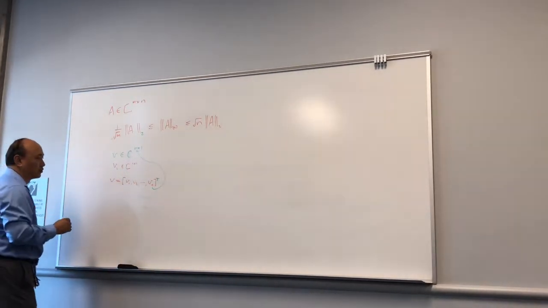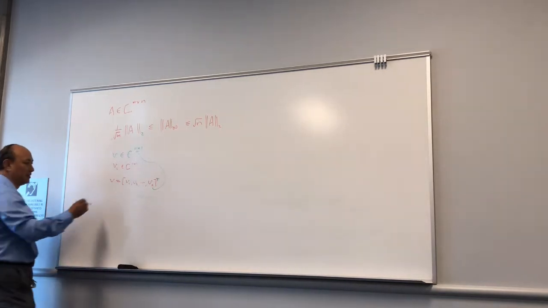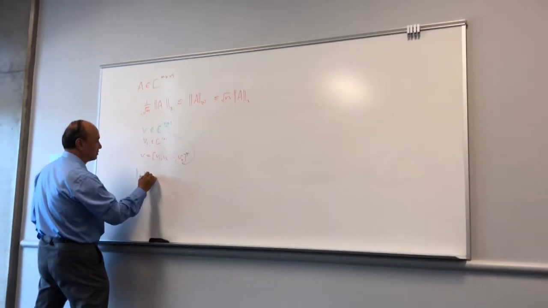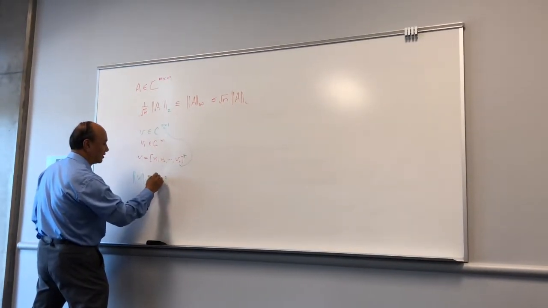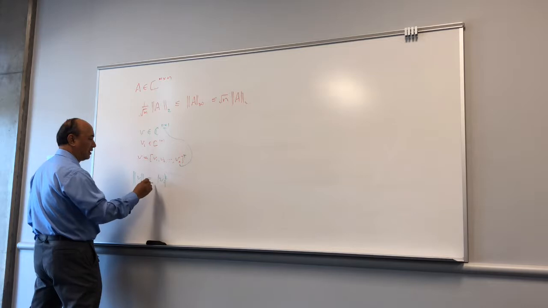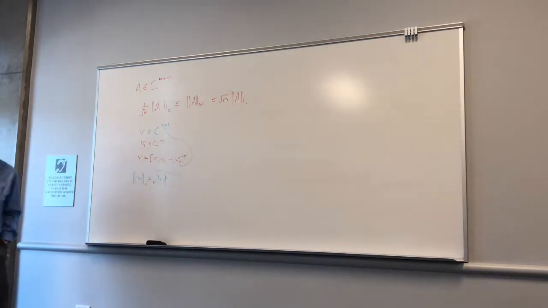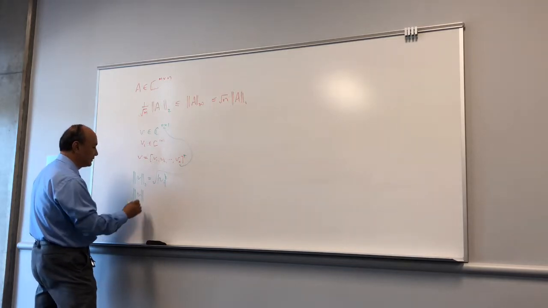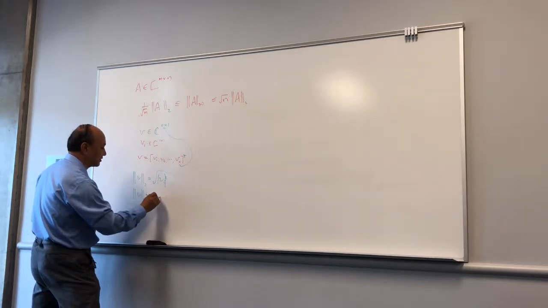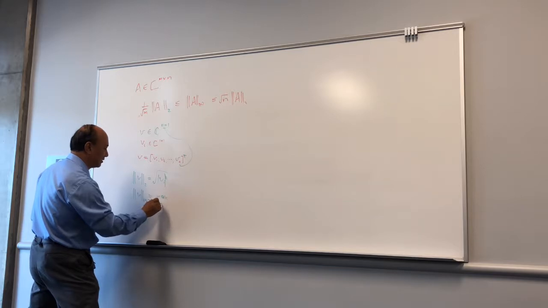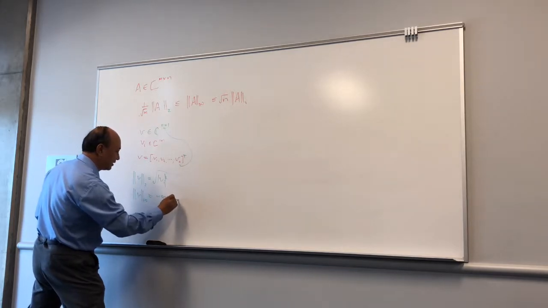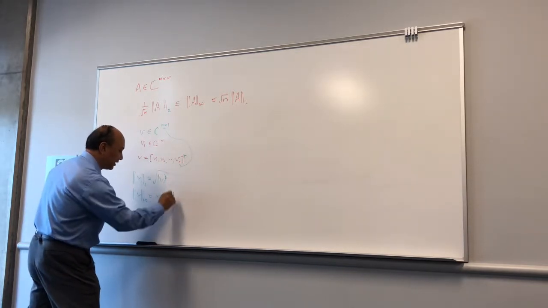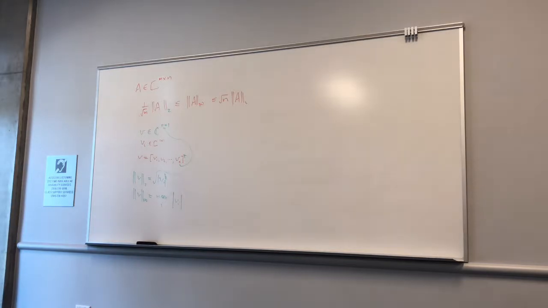So what I'm trying to show you is, what is the 2 norm? The 2 norm is the sum of Vi absolute value squared, and you take the square root, isn't it? So what is the infinity norm? The infinity norm is the max over i of the absolute value of Vi.